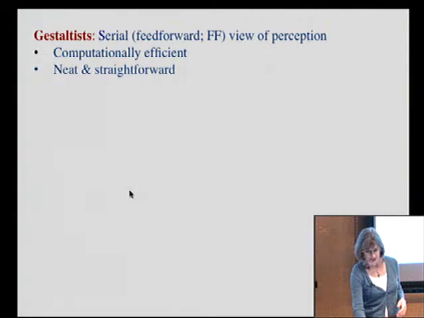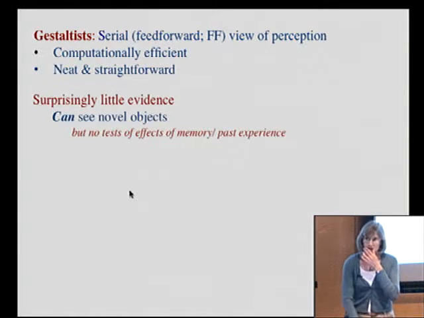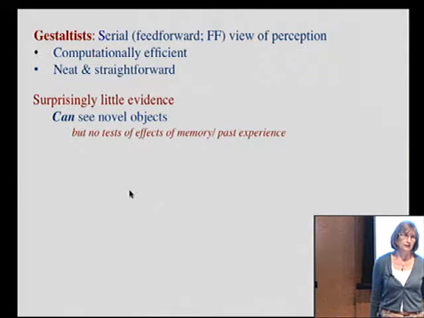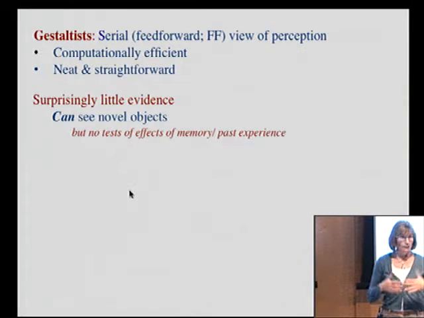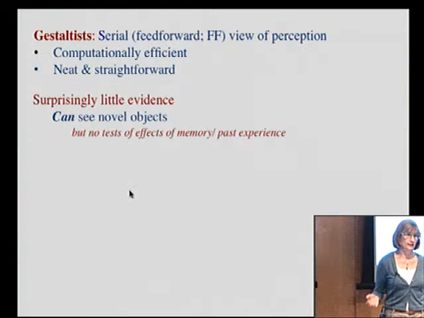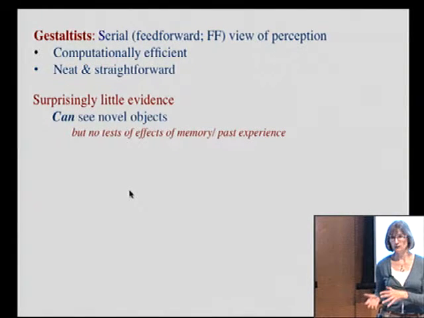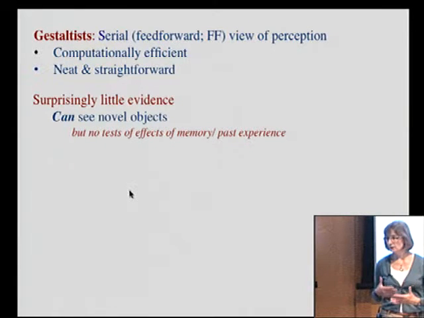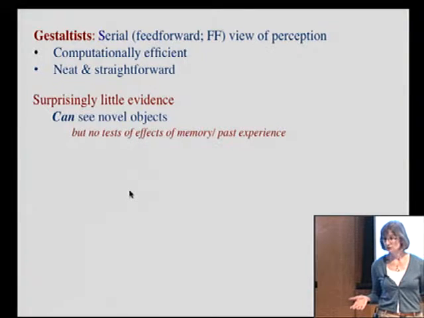But it's wrong. There was actually surprisingly little evidence for it. The evidence at the time of the Gestalt psychologists was that they had many demonstrations that the cues I listed can help you find objects, but they never tested whether or not past experience with particular objects helped you as well.